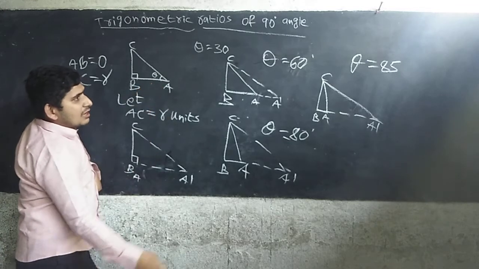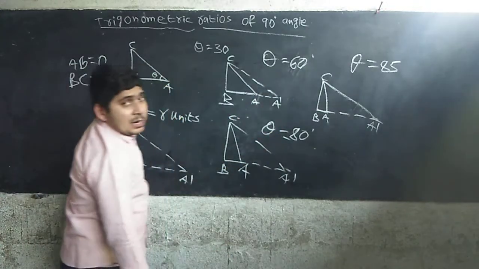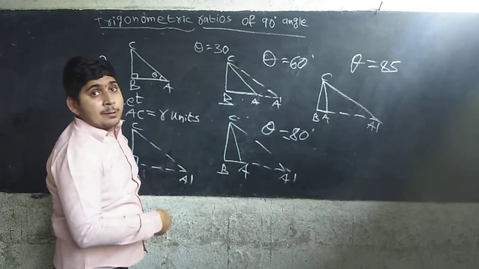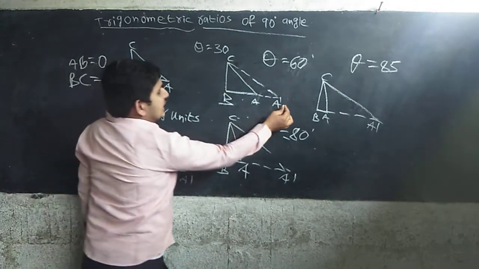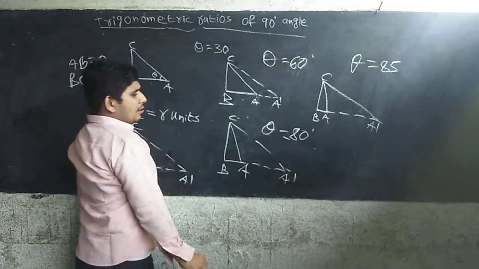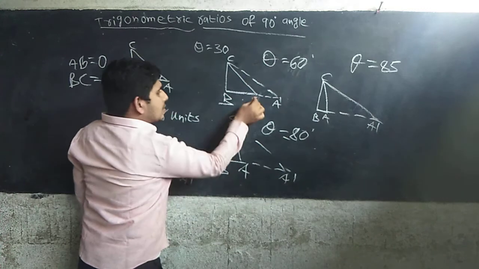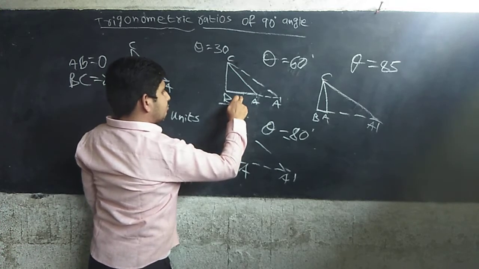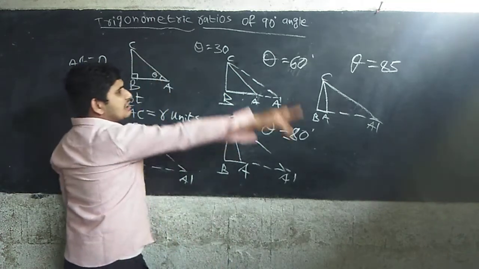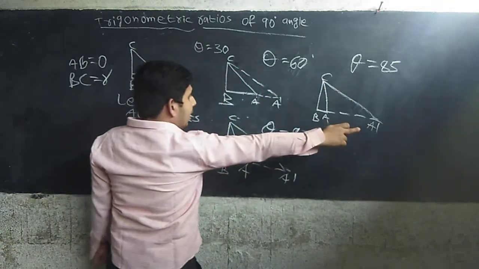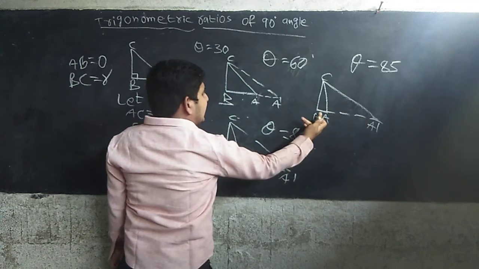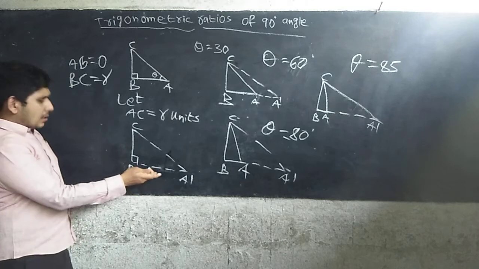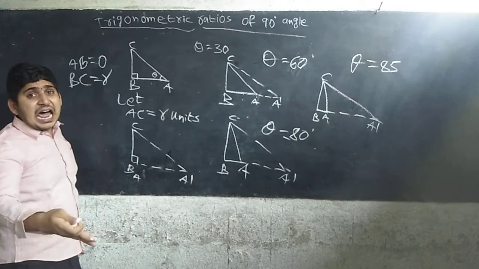Now we are increasing the angle theta. If it is 80 degrees, the point A comes more near to the point B. If theta equal to 85 degrees, it comes very near to the point B. Now, if theta equal to 90 degrees, then the point A will coincide with the point B.